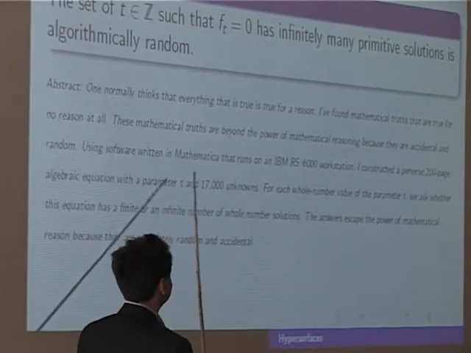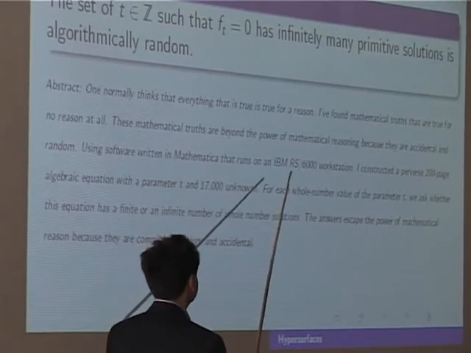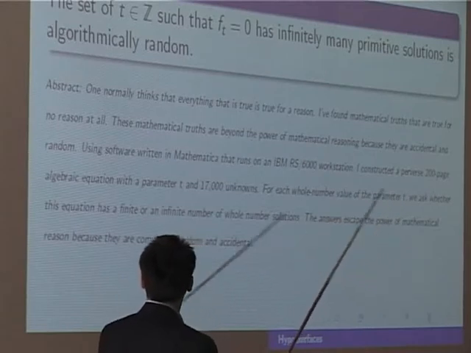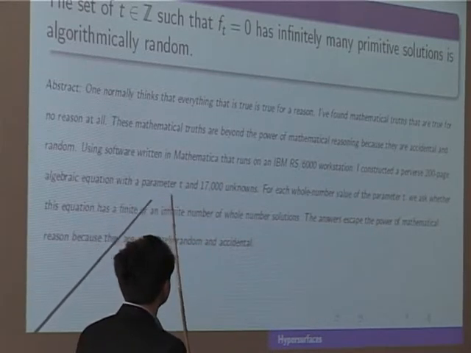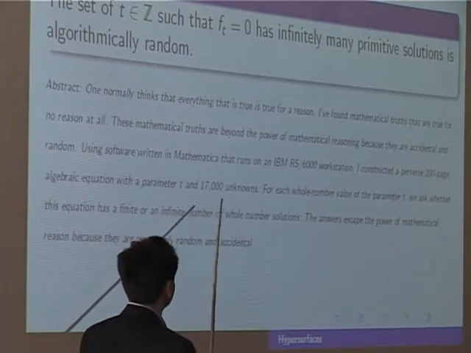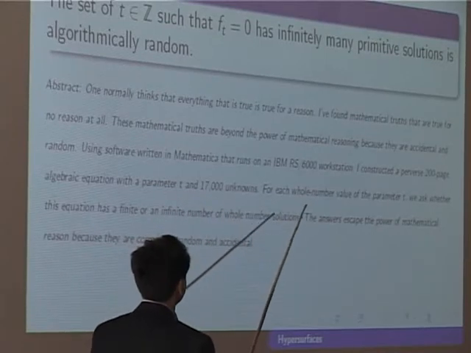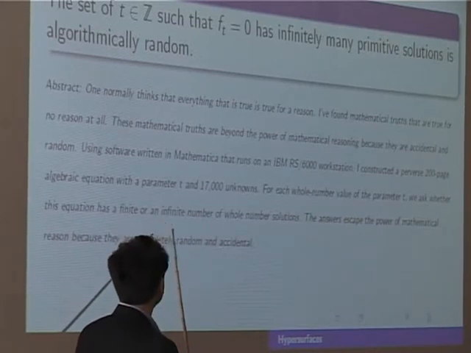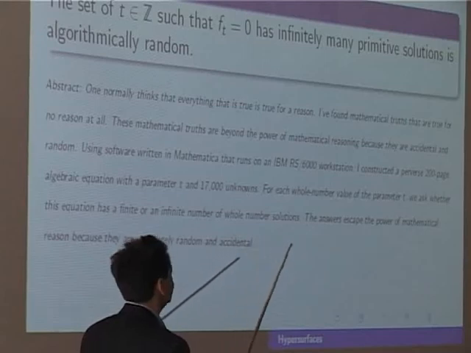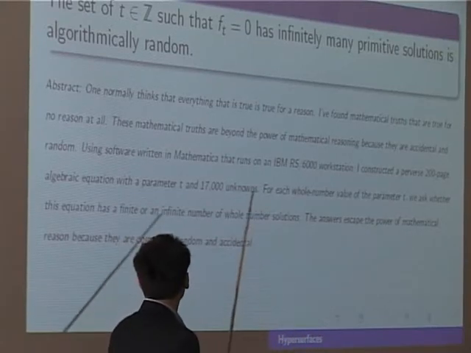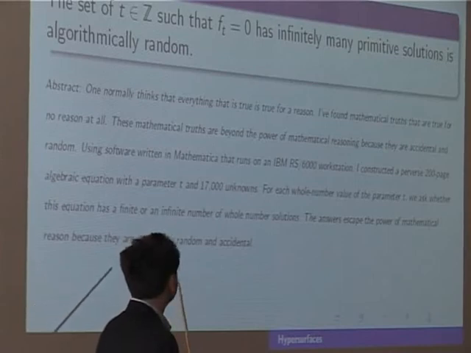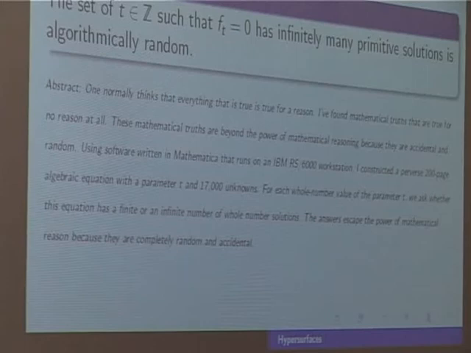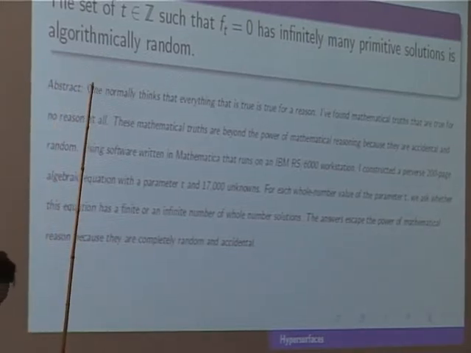Using software written in Mathematica, I constructed a perverse 200-page algebraic equation with a parameter t and 17,000 unknowns. For each whole value of the parameter t, we ask whether this equation has a finite or an infinite number of whole number solutions. The answers escape the power of mathematical reason because they're completely random and accidental. It doesn't look like a precise mathematical statement, but that's how it is.